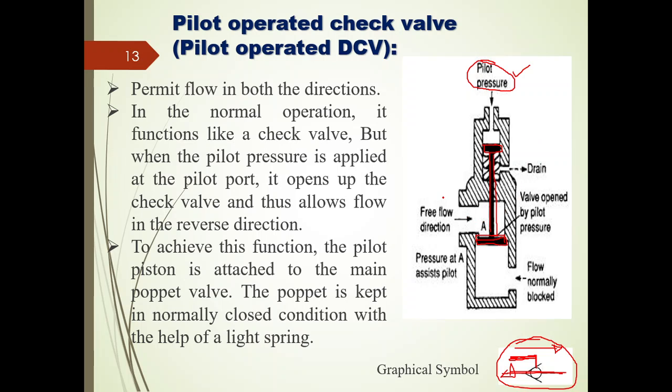Right. So initially the flow will take place from this A port to B port. This is the system port A. Initially the flow will take place from A to B. This is nothing but the free flow direction. Right. How will the free flow take place? Because of the increase in the pressure which is acting from the top side, right? The pressure acting on the top side will make the piston move in the downward direction, right?